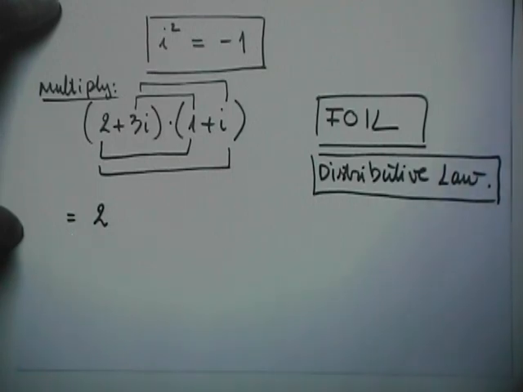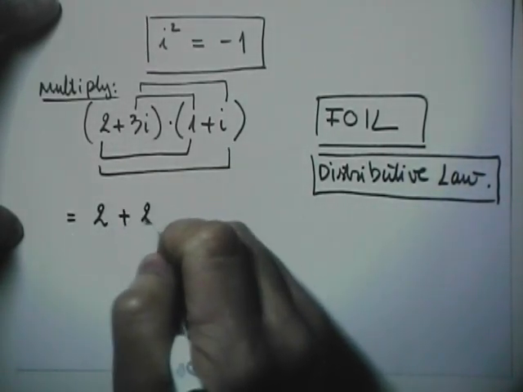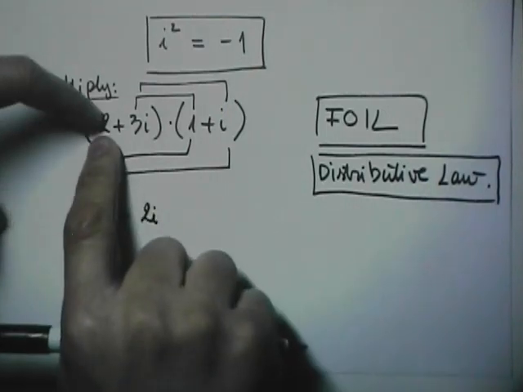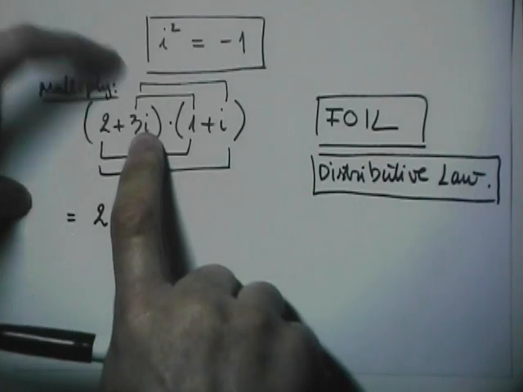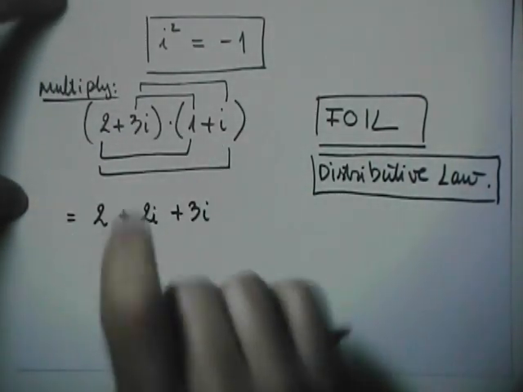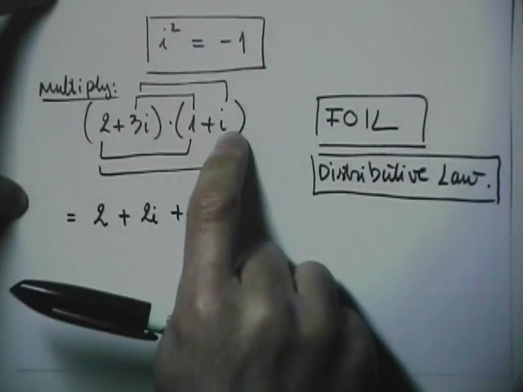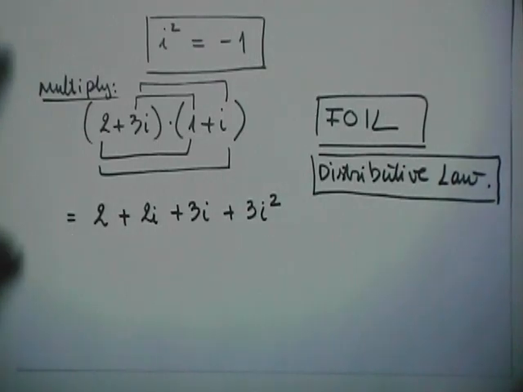Everybody agree? 2 times i is plus 2i. Signs count again: positive 2 times positive i gives plus 2i. Now plus 3i times 1 is plus 3i again. But then the last thing, plus 3i times i is plus 3i squared.